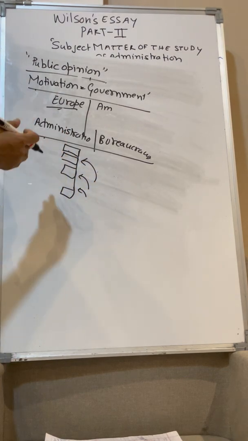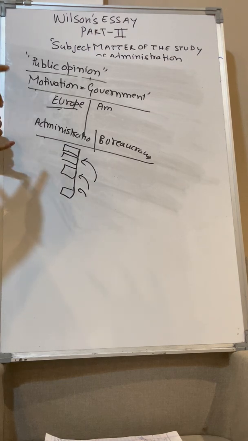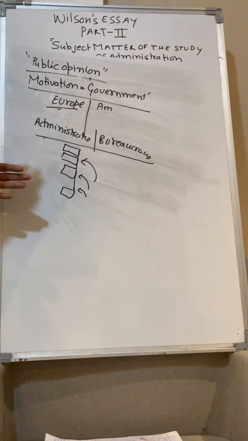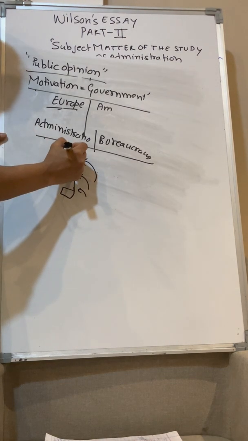Their negative point is that they have red tapeism, they have officialism, they do not consider what people think about them. They just say, okay, fine, this is to be done, this is how it is to be done. And the head is always an official.